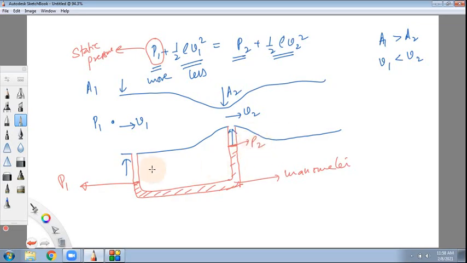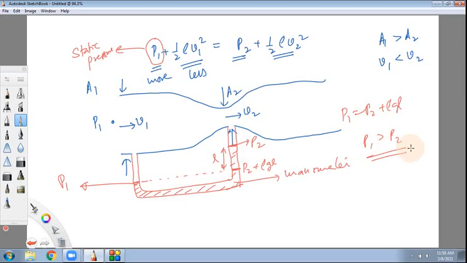Because P1 is more, it compressed the mercury a bit more, as I have shown here. In fact, the pressure here at the same level as that side will be the same. This will be P2 plus rho G times this height, if I call it L, that will be P1. So P1 will be P2 plus rho G L. So P1 is more than P2.